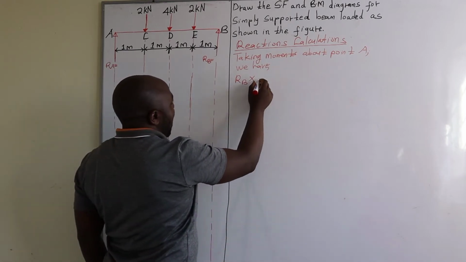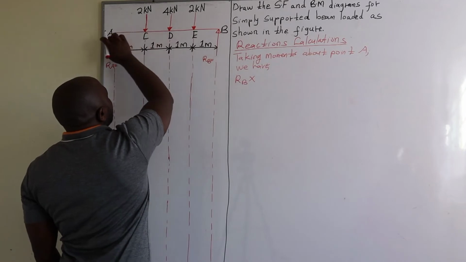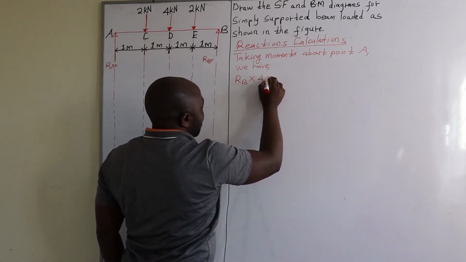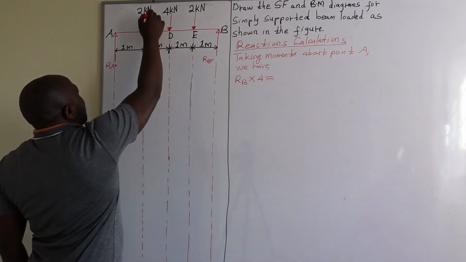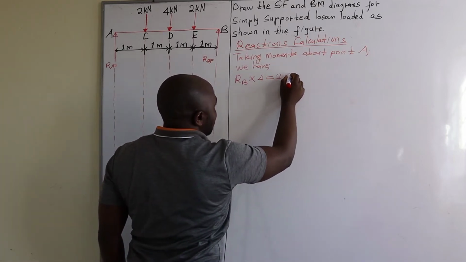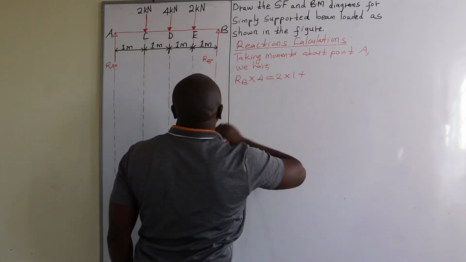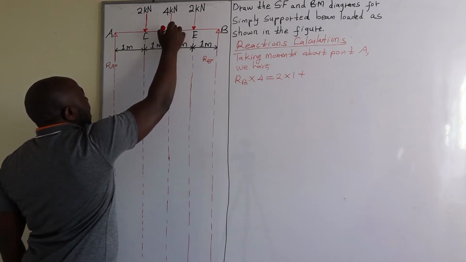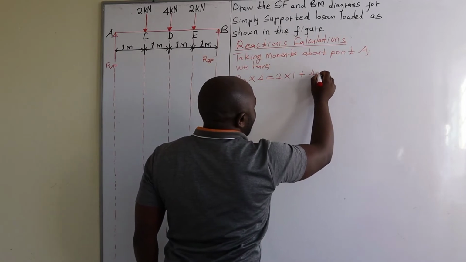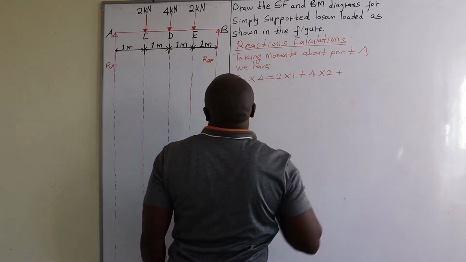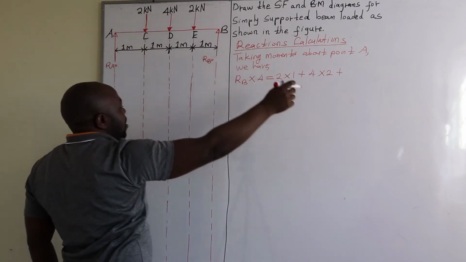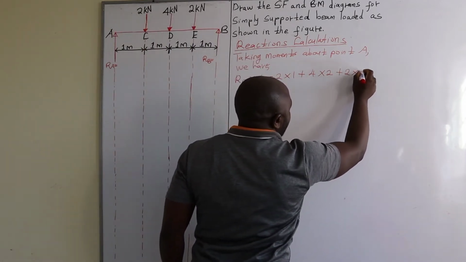So we are going to have RB times the distance from B to A, which is 1, 2, 3, 4 meters. RB times 4 is equal to 2 times the distance from C to A, which in this case is 2 times 1, plus 4 times the distance from D to A, which is 4 times 2, plus 2 times the distance from E to A, which is 2 times 3.